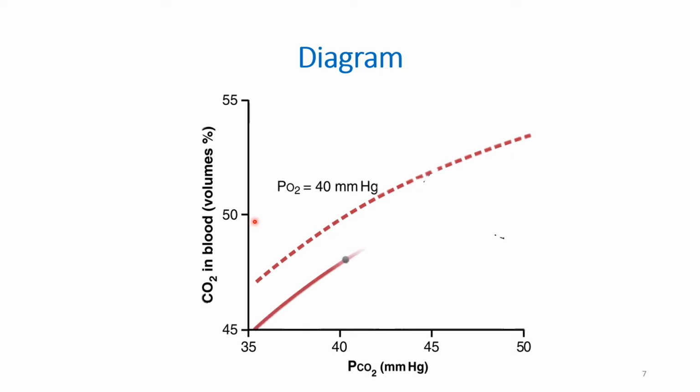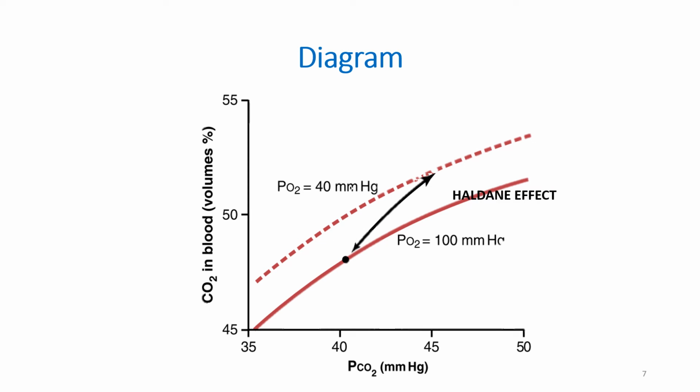Then you draw another curve at a partial pressure of oxygen of 100 in such a way that 40 corresponds to 48. Then you mark that shift as the Haldane effect. This is how you will draw the diagram for this answer.